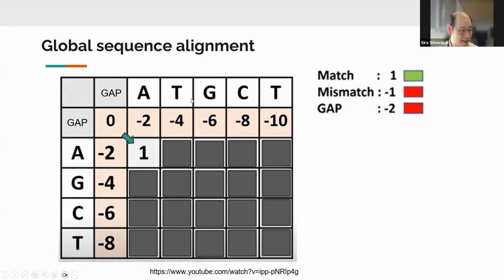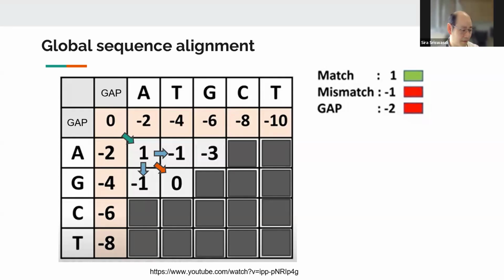So we can introduce an insertion or deletion, so we take a -2 and put the insertion deletion there. Or we can go down, introduce an insertion deletion on the other sequence, and also again take a -2 score. Or we can put T and G together, and this will be a mismatch. So the score will be back to 0.